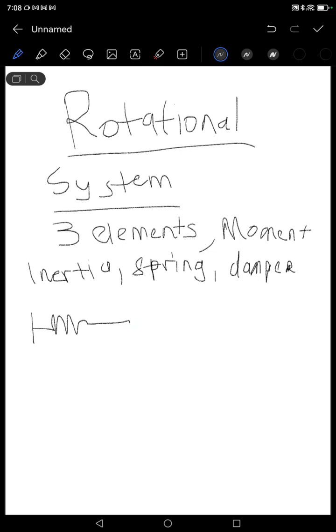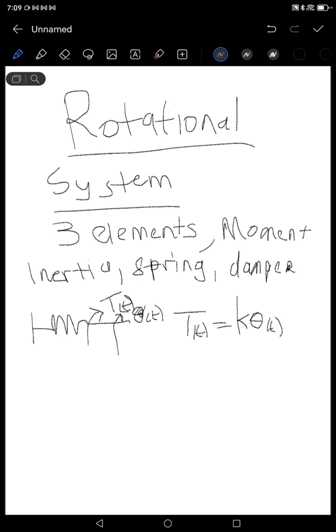So let's say we have a spring with a torque moving clockwise like this, and a displacement like this, theta of t. Now we're gonna generate an equation for torque. So our torque here is gonna be T of t equals K, for spring stiffness, multiplied by theta of t.